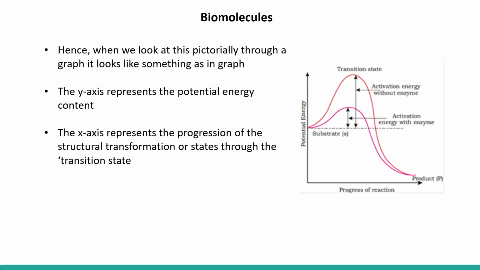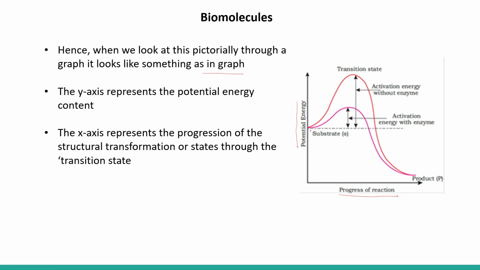Now how the enzyme-catalyzed reactions are related to energy, let us understand with the help of this graph. Looking at it pictorially through a graph, on the x-axis is the progress of the reaction, and here we can see the potential energy.